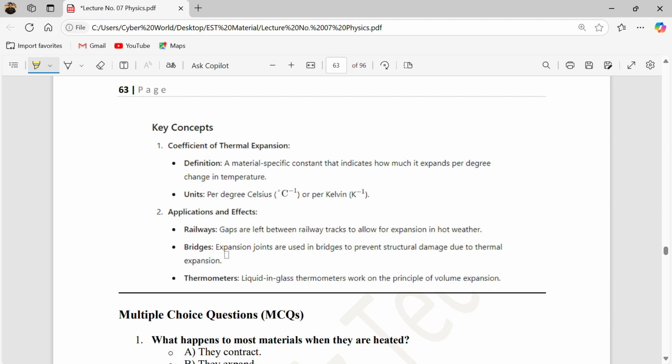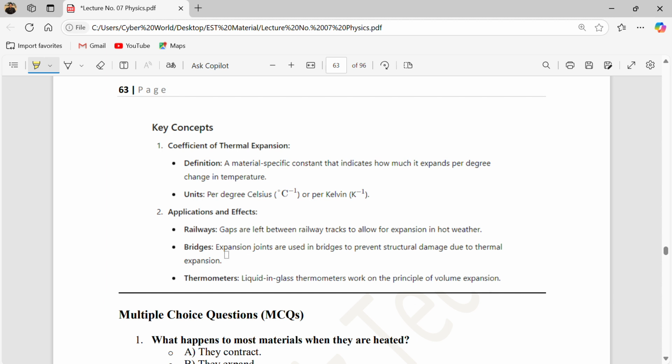What are the applications of these thermal coefficients? You know that there are some gaps in the railway tracks. Why do we leave those gaps? Because you know there is climate change in Pakistan, with summer and winter. In summer, the metal expands, since train tracks are made of metal.